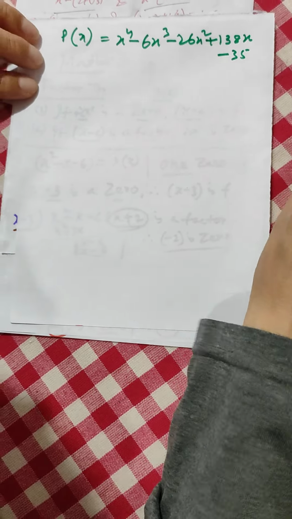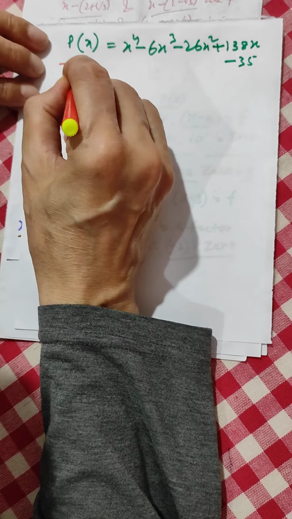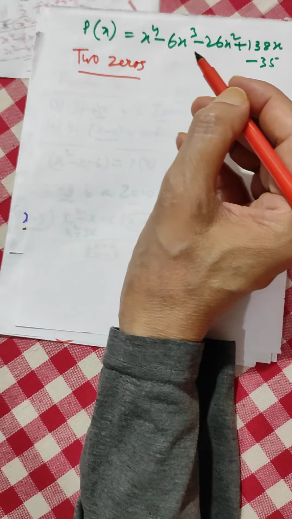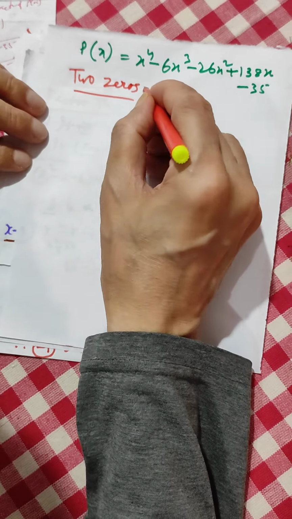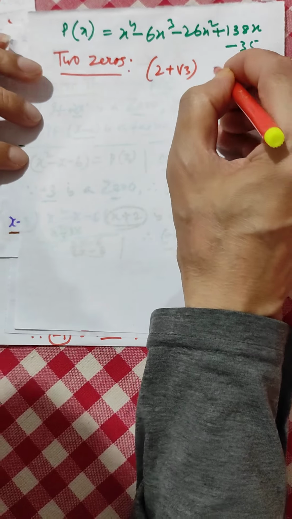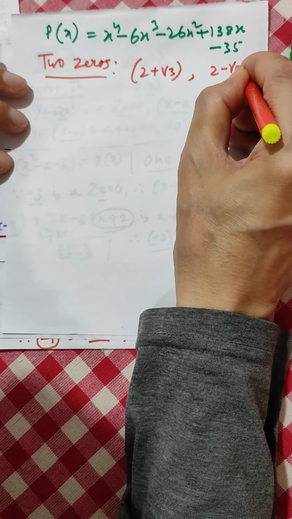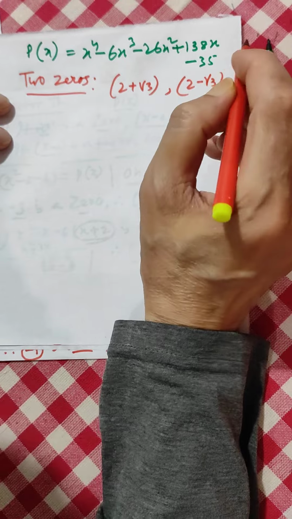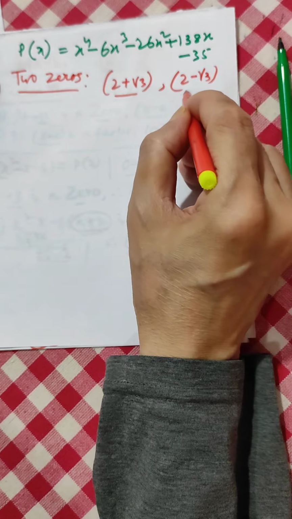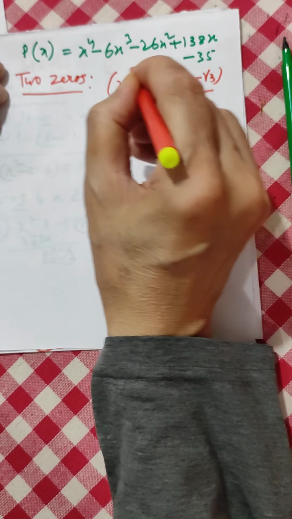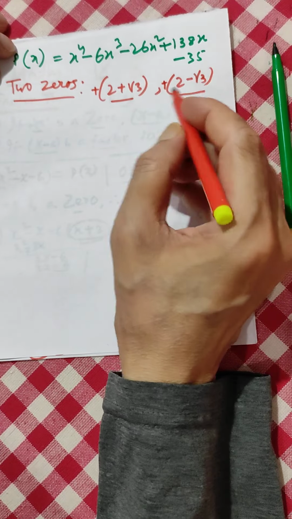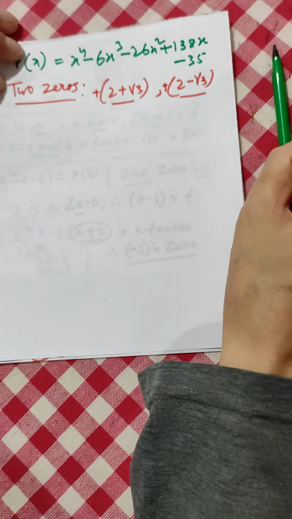This is the given polynomial, and 2 zeros are given as what? 2 plus root 3 and 2 minus root 3. So for this biquadratic polynomial, 2 zeros are given, both plus. So you are asked to find the other 2 zeros. 2 zeros are given, find the other 2 zeros. Okay, that is the question.